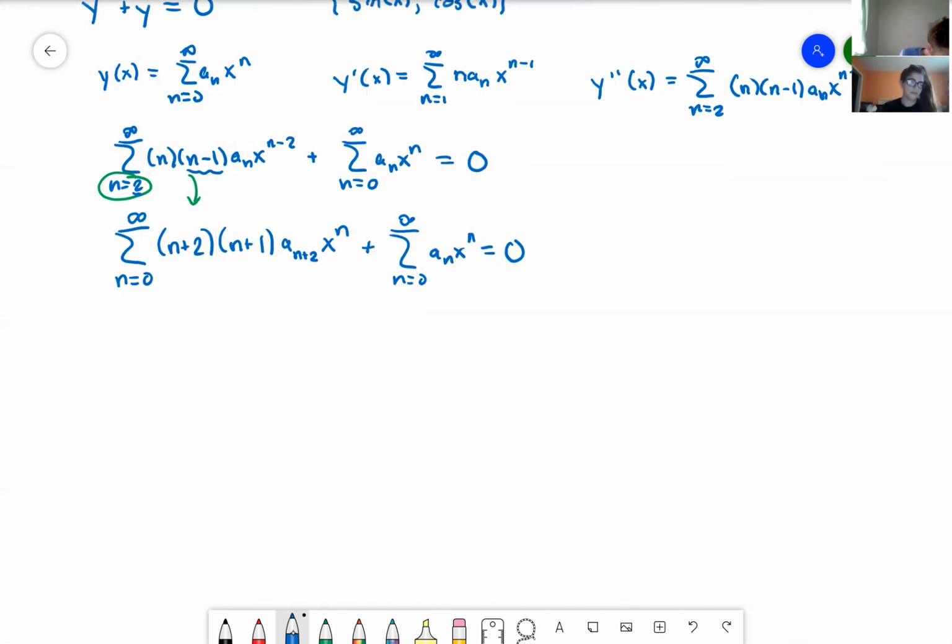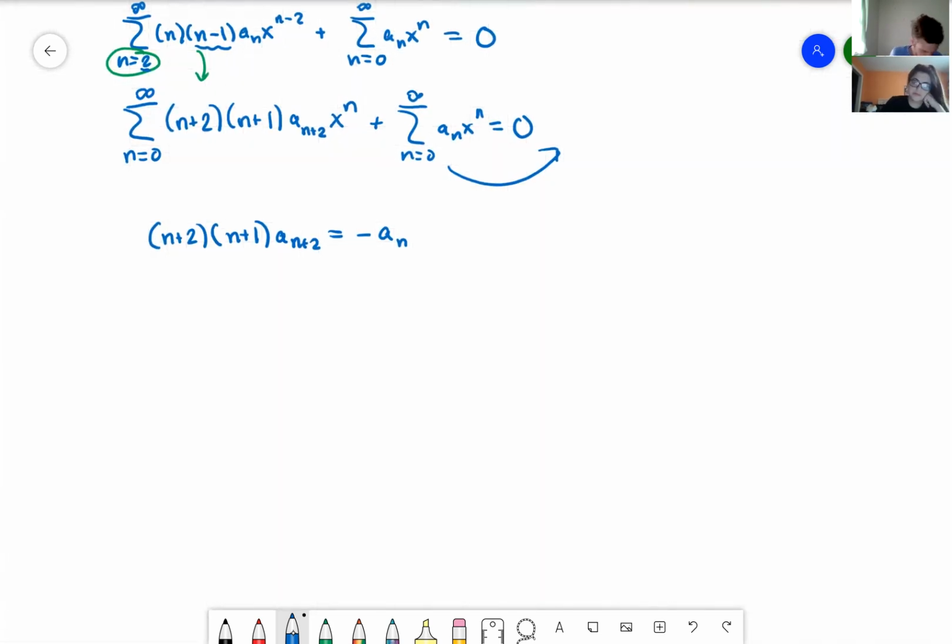Now, because of these properties that we talked about before, there are a couple of ways I could go about this. The book is going about it in a slightly different way than I would. So let's do my way. We can move this over, subtract it to the other side, and then we have on both sides that the matching coefficients must be equal to each other. It's one of the properties of power series that we had. So what we have is n plus 2 times n plus 1, a n plus 2, is equal to negative a n.